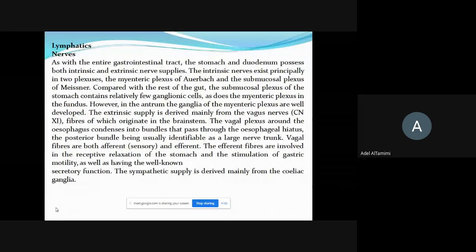The second tier of lymph nodes is located along the major vessels that supply the stomach, I mean the trunks of these vessels we have mentioned. And the third tier of lymph nodes is located near the aorta, called para-aortic lymph nodes, along the course of the celiac trunk. So the celiac trunk is the third important lymph node tier.